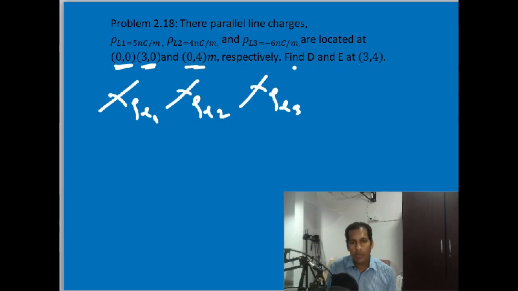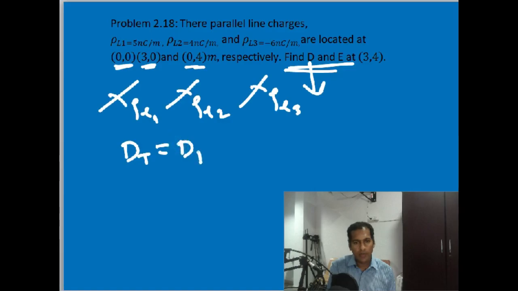Now here we have to find both D as well as E. It is because of 3 charges. So what will be the total D? Suppose we want to calculate D total, it will be nothing but the addition of D1 plus D2 plus D3.